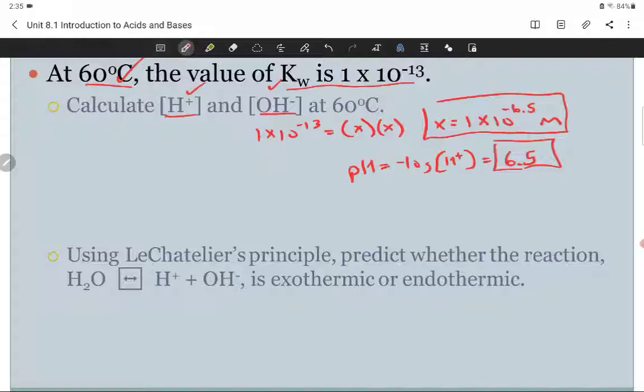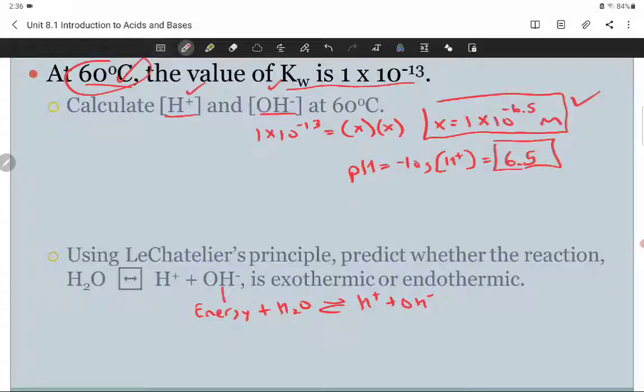I'll use Le Chatelier's principle to figure out, is this endo or exothermic? So if we put energy over on the left-hand side, at a higher temperature you end up getting a higher concentration.